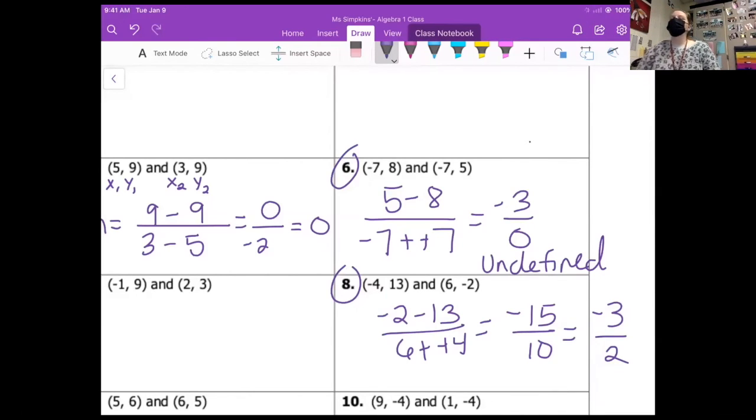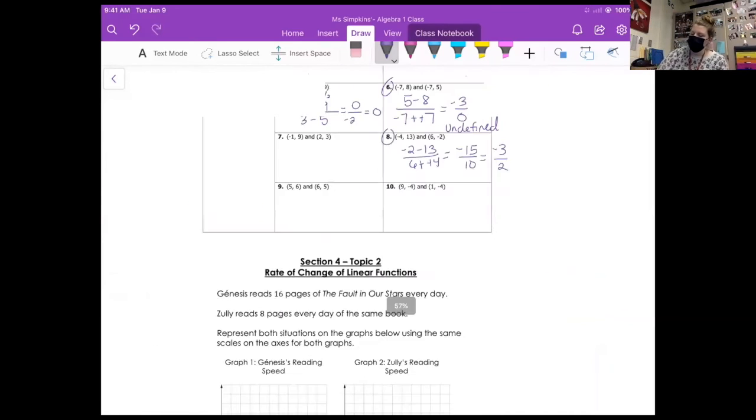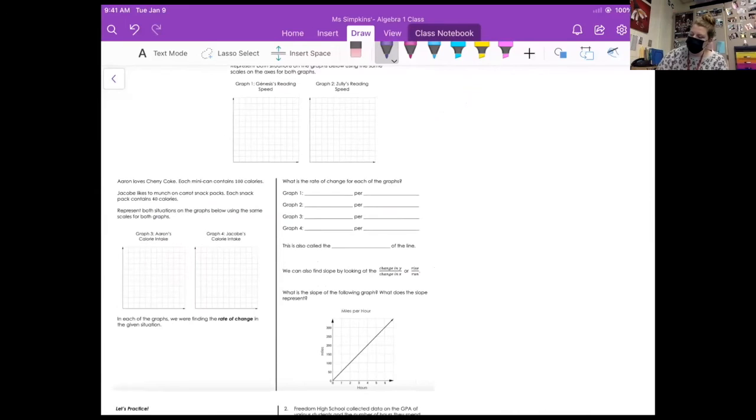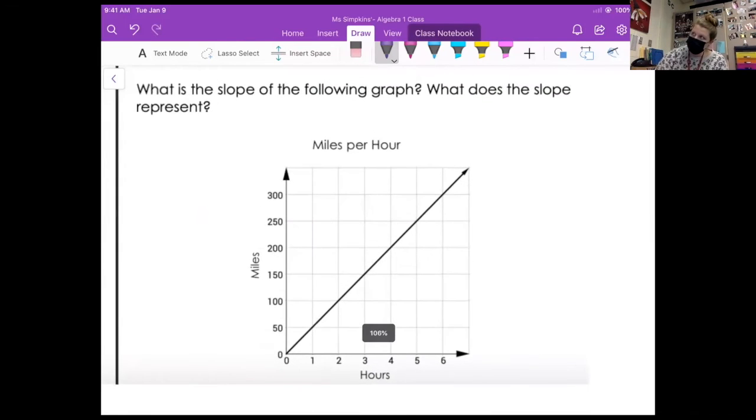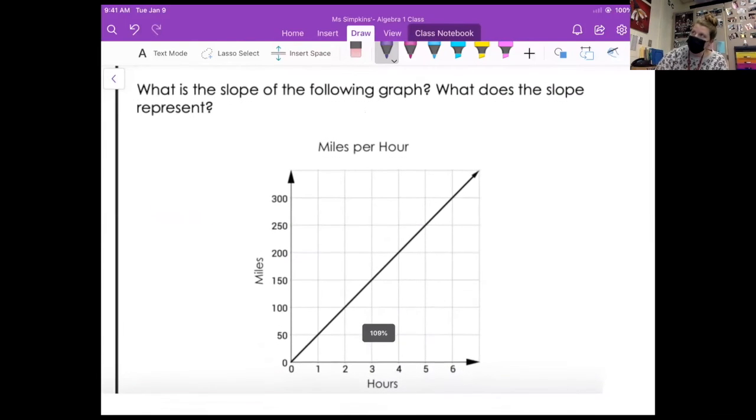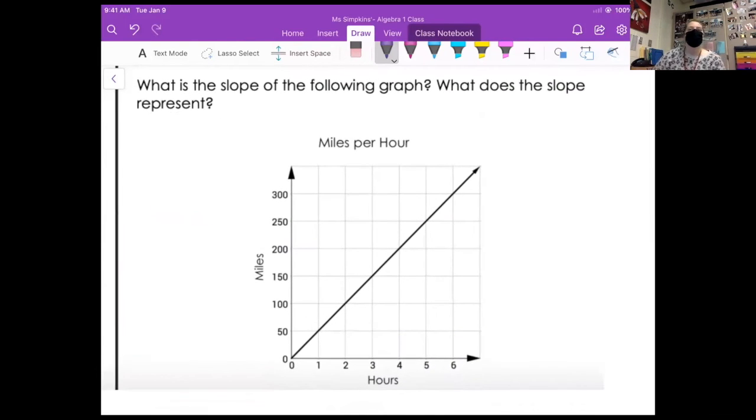Okay, so we're gonna look at some real graphs now. I want you to turn to page 90. It might actually be 92. I want you to find this graph right here that says miles per hour at the top. Let me know what page that's on. 91, thank you.